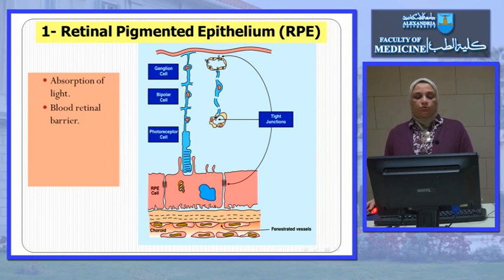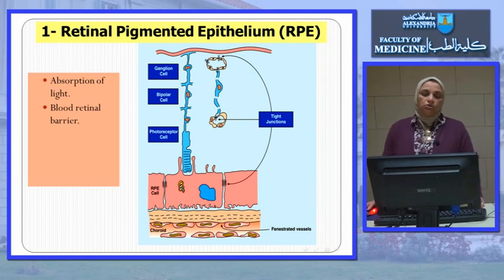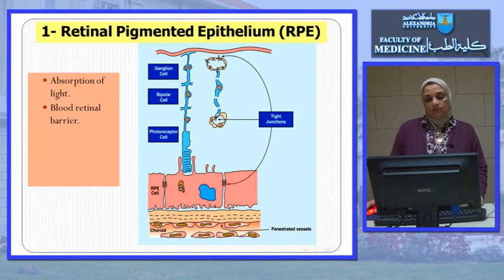There must be a barrier between the blood vessels present here in the choroid and the photosensitive retina. This is through tight junctions between the cells, to keep blood-borne toxic material from going inside the photosensitive retina. So it's protected from blood-borne toxic material through this barrier, which is the tight junction between the retinal pigmented epithelial cells.